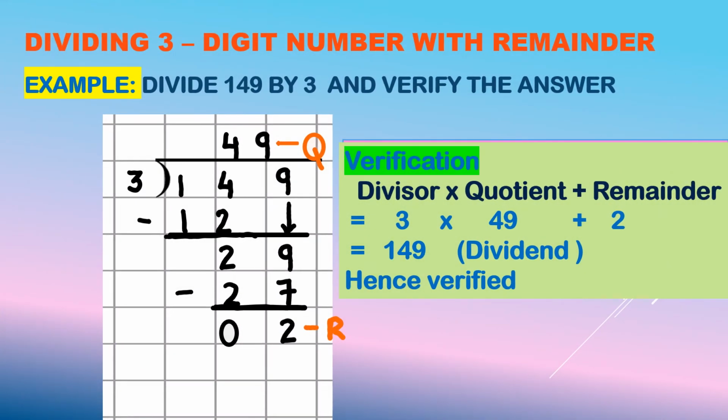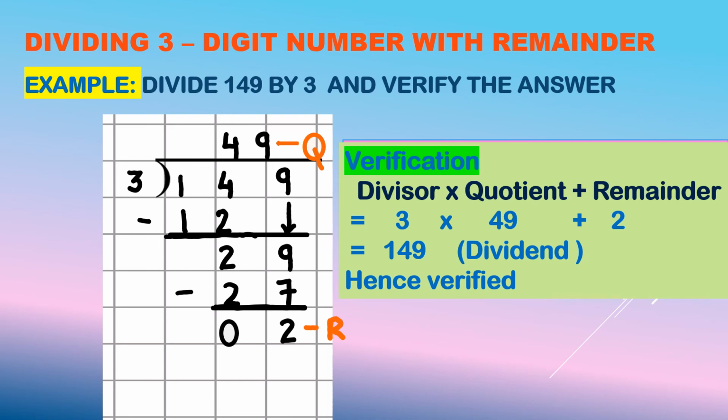Now, let us learn dividing 3-digit number by a single-digit number with remainder. And let us understand through an example. Divide 149 by 3. We start from the first place of highest value, which is the 100 place. So, we cannot divide 100s by 3.